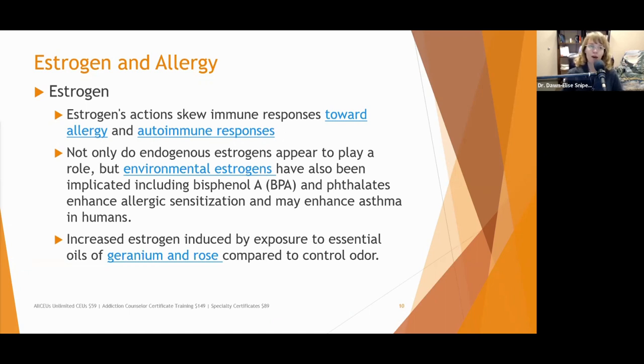But there was another study that showed that the essential oils of geranium or rose increased estrogen levels compared to a control odor. It wasn't clinically significant, just statistically significant. But it is interesting to note that things like smells can increase estrogen levels.